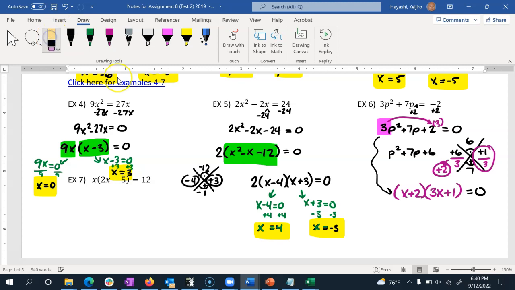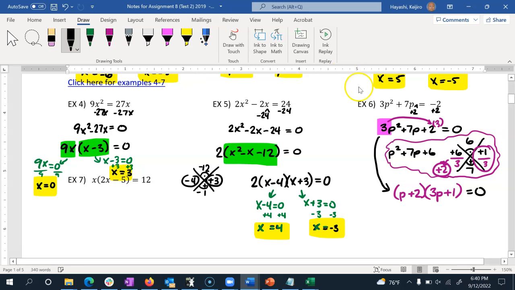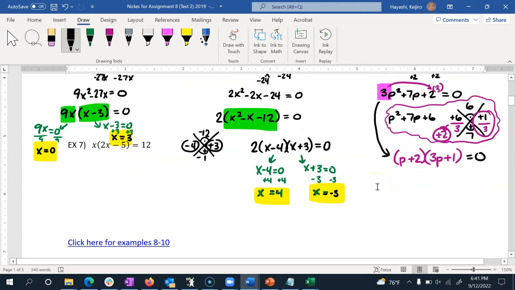Oh, they're p's, not x's. Okay, but now it's factored. It was a sort of hairy one, but it's factored now.